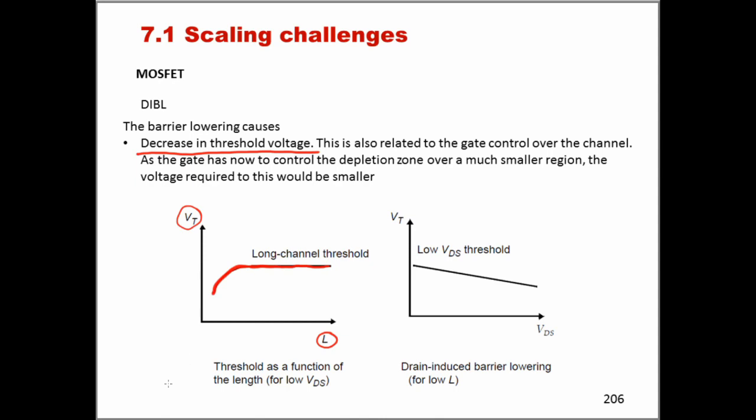And in this case, the reason can be understood by reminding ourselves that the channel is not anymore fully under the control of the gate voltage, which means that only a small portion now of the channel is under the direct control of the gate voltage, which means that less charge is required to create the inversion layer required to create the channel, and so this means that less voltage is required to create the inversion layer. And so this means a smaller threshold voltage for the transistor.